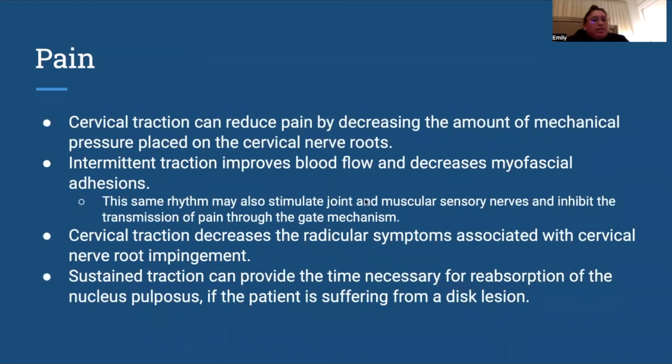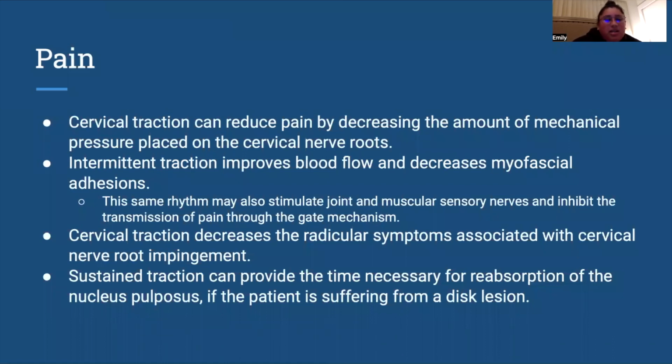So pain for cervical traction can be reduced by decreasing the amount of mechanical pressure placed on the cervical nerve roots. Intermittent traction would improve blood flow and decrease myofascial adhesions. The same rhythm would also stimulate joint and muscular sensory nerves and inhibit the transmission of pain through the gate mechanism. Cervical traction would also decrease the radicular symptoms associated with cervical nerve root impingement, which is basically the primary goal of cervical traction.